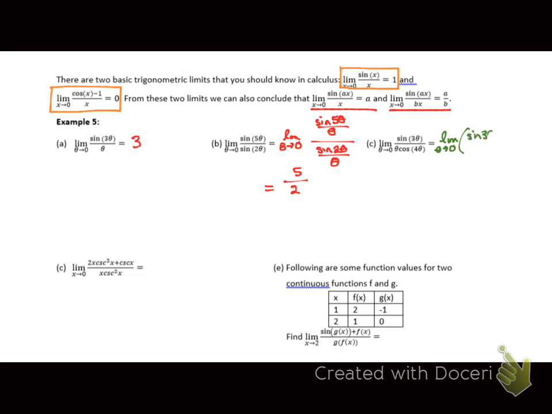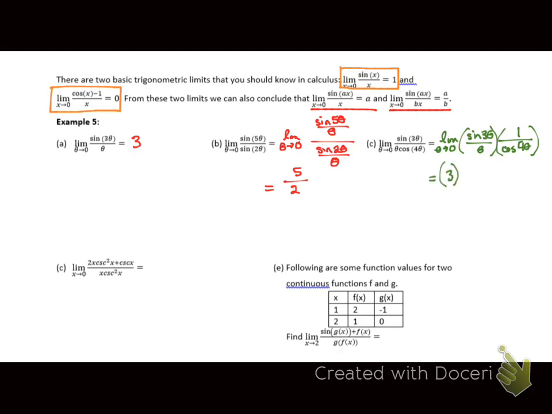So sine of 3 theta over theta times 1 over cosine of 4 theta. Now this is not breaking any math laws. You're absolutely always allowed to do this as long as it's all multiplication. You can just split it up into its separate pieces. We know what the limit as theta approaches 0 of sine of 3 theta over theta is. It's 3.